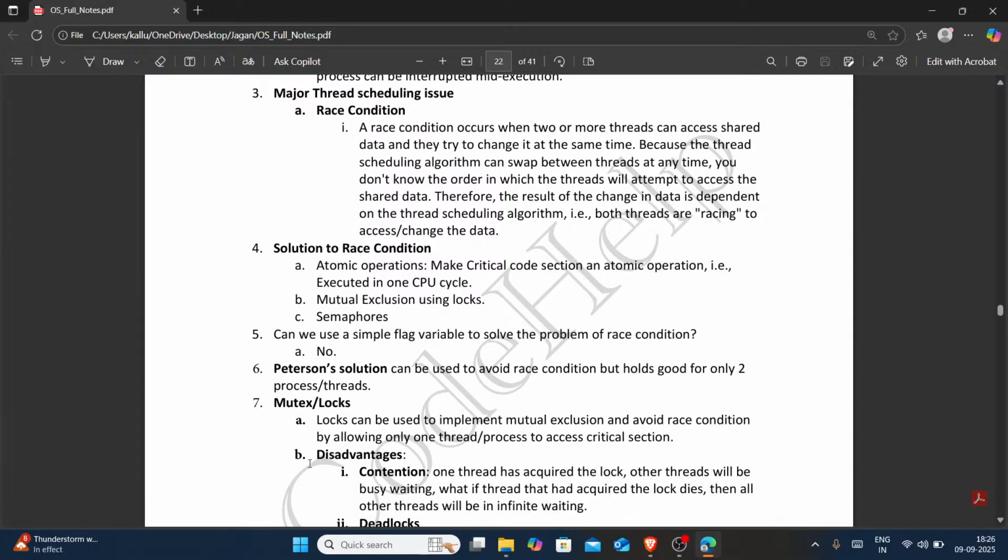What if the CPU switches before setting the flag variable? This may lead to some inconsistencies.